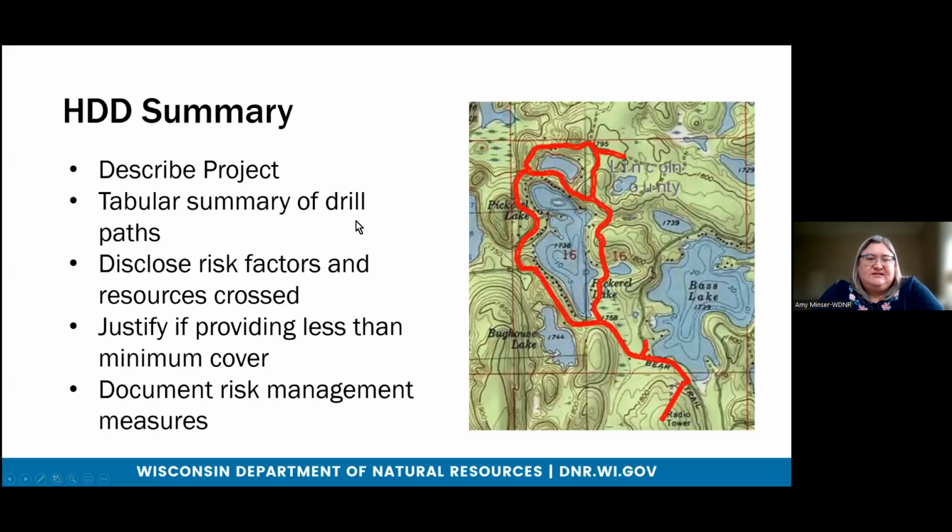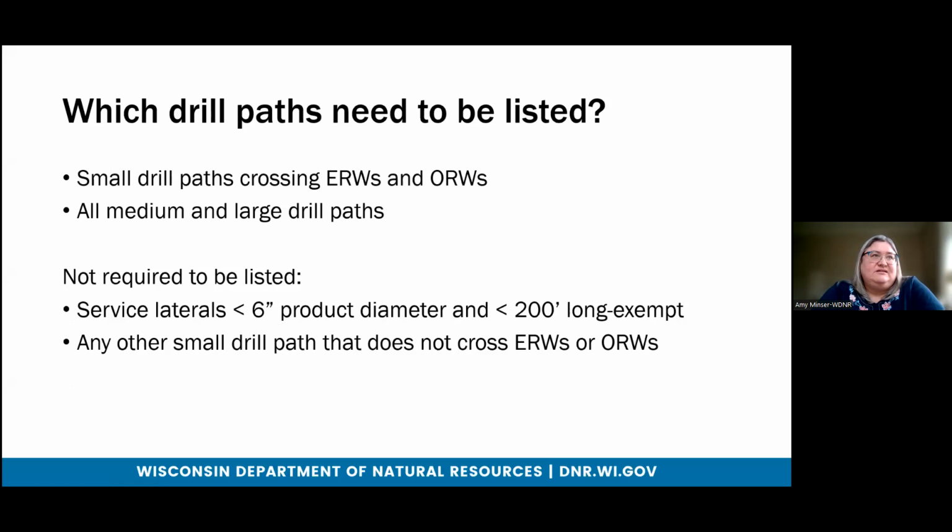The HDD summary is really communicating to the regulatory agency what you're doing, where you're using horizontal directional drilling, what sort of risk factors exist, and what you're going to do about them. So any small drill path that crosses exceptional resource waters or outstanding resource waters should be listed.